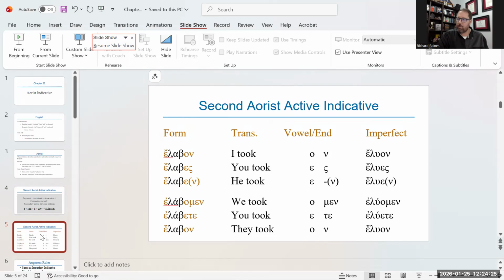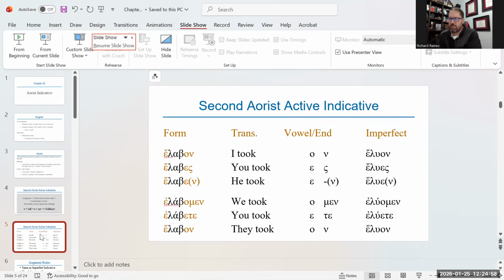I would encourage you to read the section introducing these chapters. He gives a section overview of the aorist on page 221.